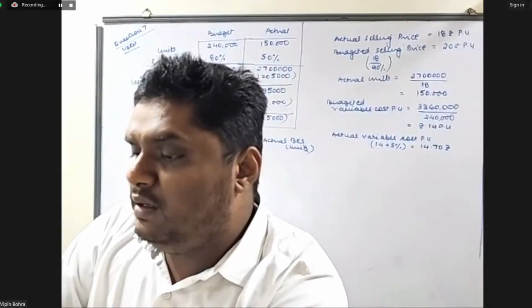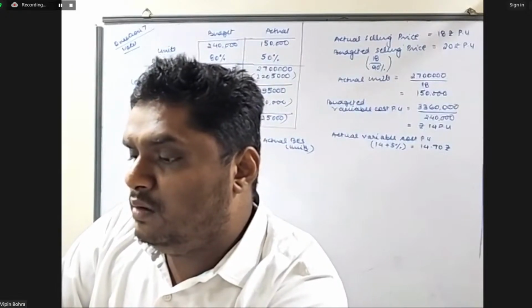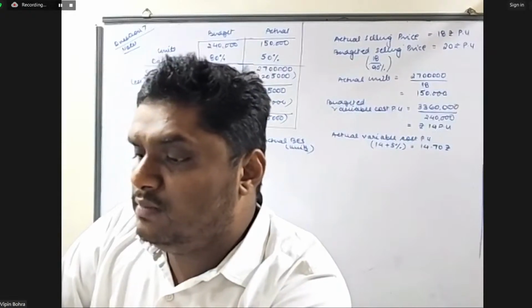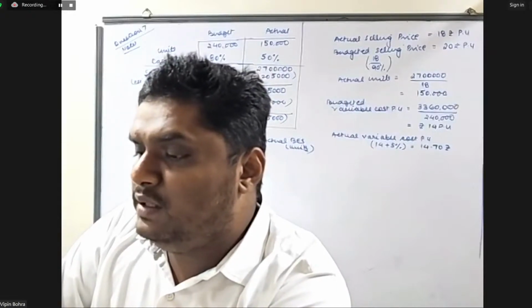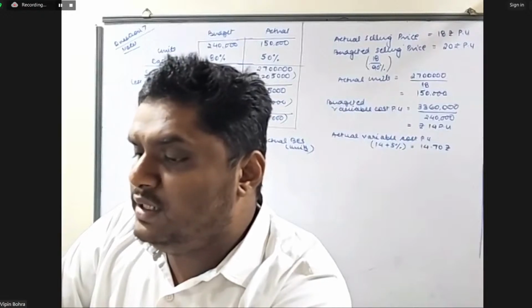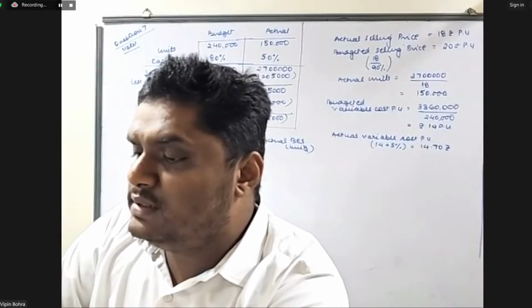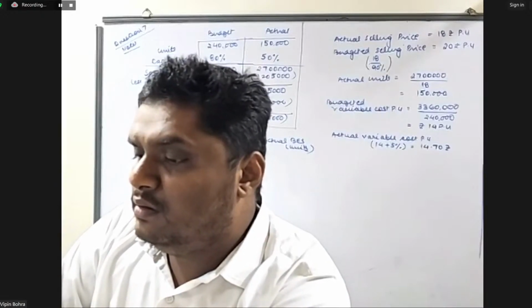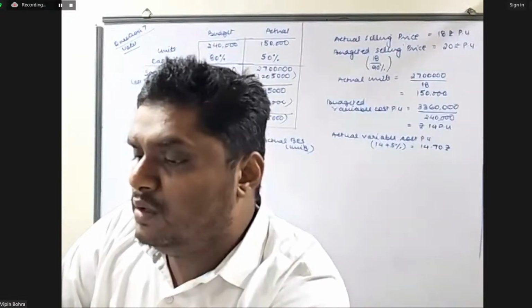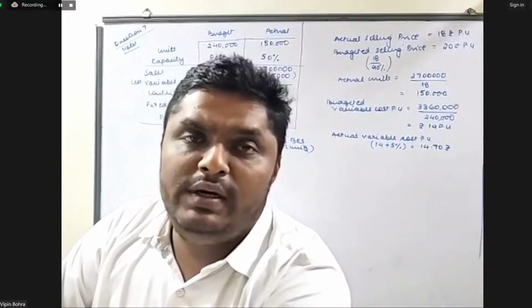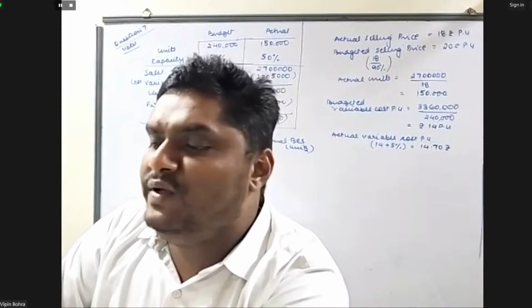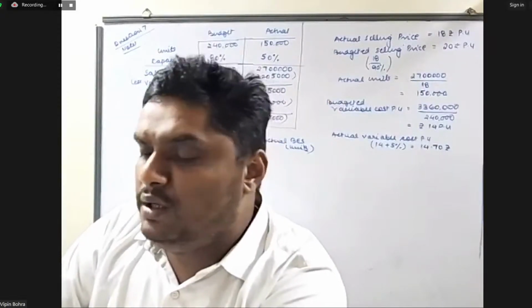So Preeti Khetan, I think there is some calculation mistake from your end, Preeti. Shweta, it is incorrect again. Sanjana, correct answer. Shweta, you have to first calculate the contribution per unit, thereafter fixed cost divided by contribution per unit.